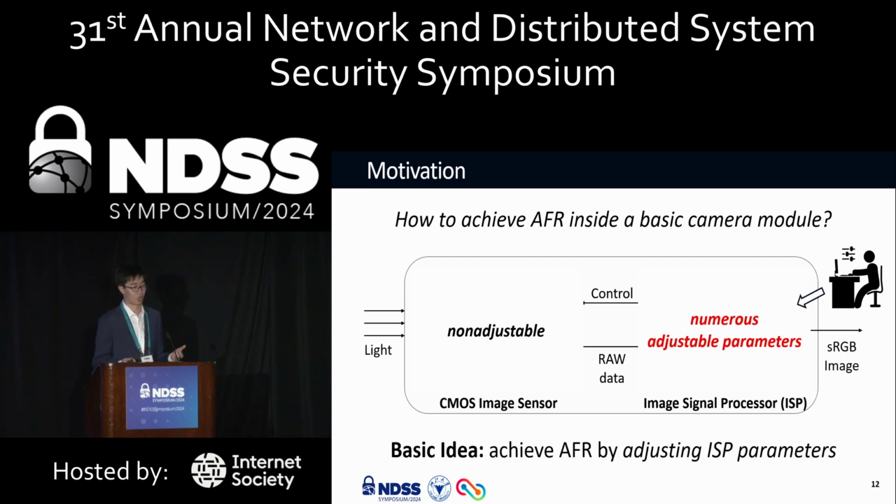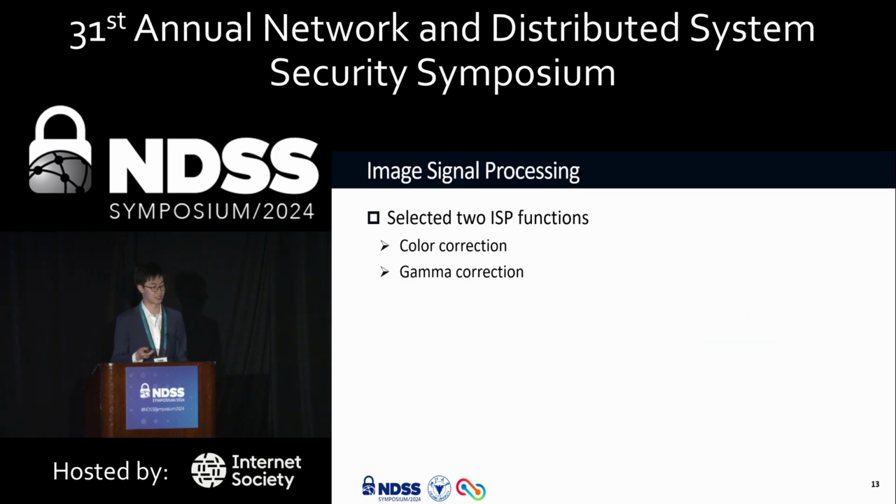Inspired by this, our basic idea is to achieve anti-facial recognition by adjusting some of these ISP parameters. So now the question is which parameters to adjust. After analyzing all ISP functions, we found 2 functions that are suitable for parameter adjustment: color correction and gamma correction.